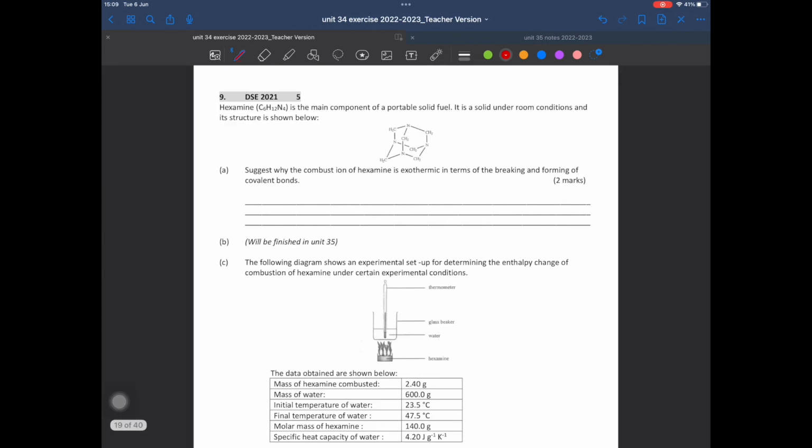Question 9, 2021 questions. Again, why is this exothermic in terms of bond breaking and bond forming? So copy the answer from the previous year, but this time in terms of breaking and forming covalent bonds, please mention which bond is forming, which bond is breaking. And here is the answer.